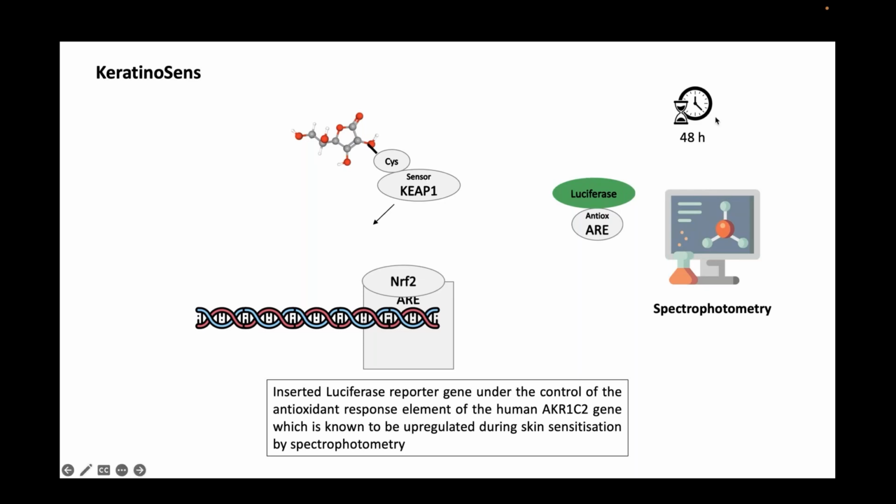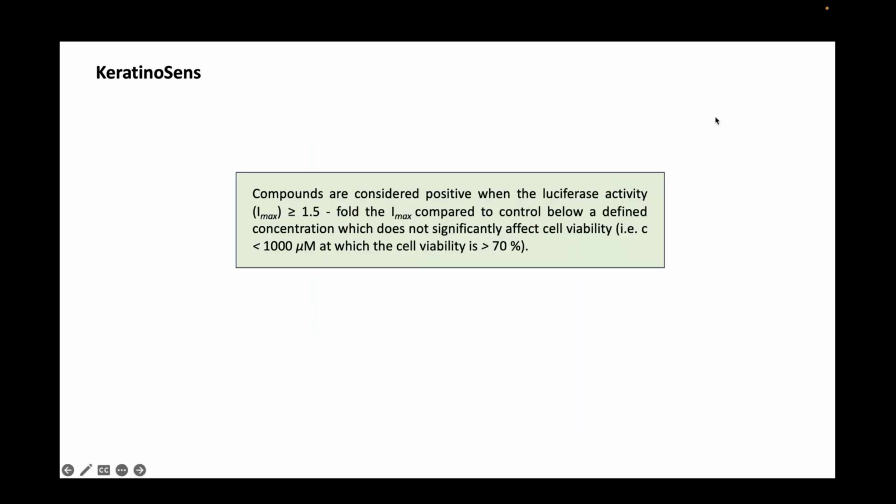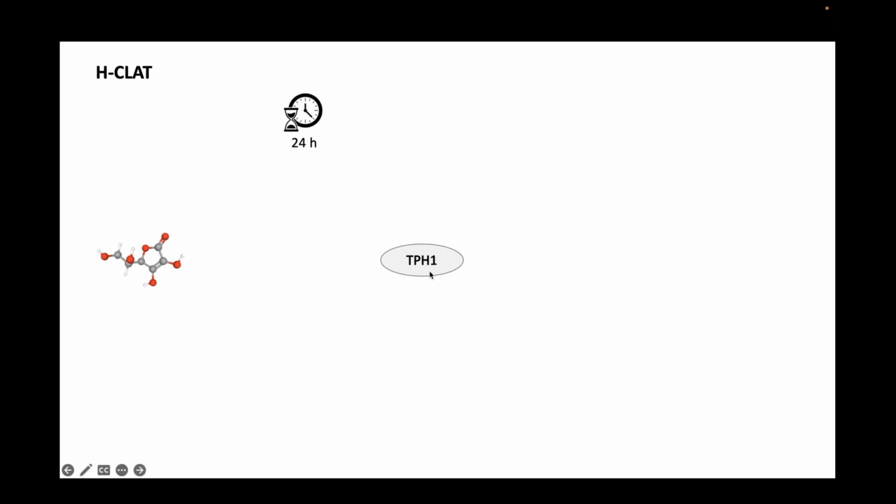You incubate for 48 hours, and the compound is considered positive when the luciferase expression is 1.5-fold to the control at the concentration where you see more than 70% cell viability. So with this assay, you get a specific concentration where both of these factors are true.